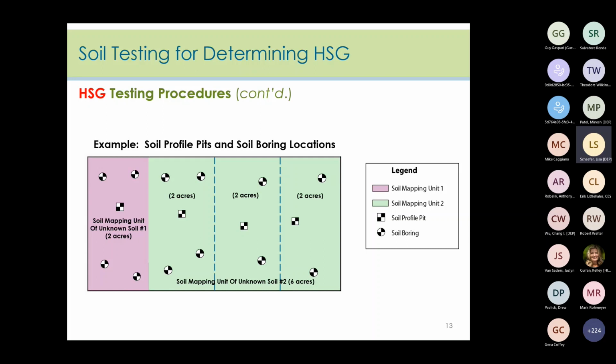Those meet the criteria. Now, moving over to the right for the 6-acre area that's shown with the 3 green areas, we see 3 pits and 8 borings. That's 1 soil profile pit and 4 borings for the first 2 acres, and then 1 soil pit and 2 borings for the next 2 acres, and so forth. And this also meets the placement requirement.